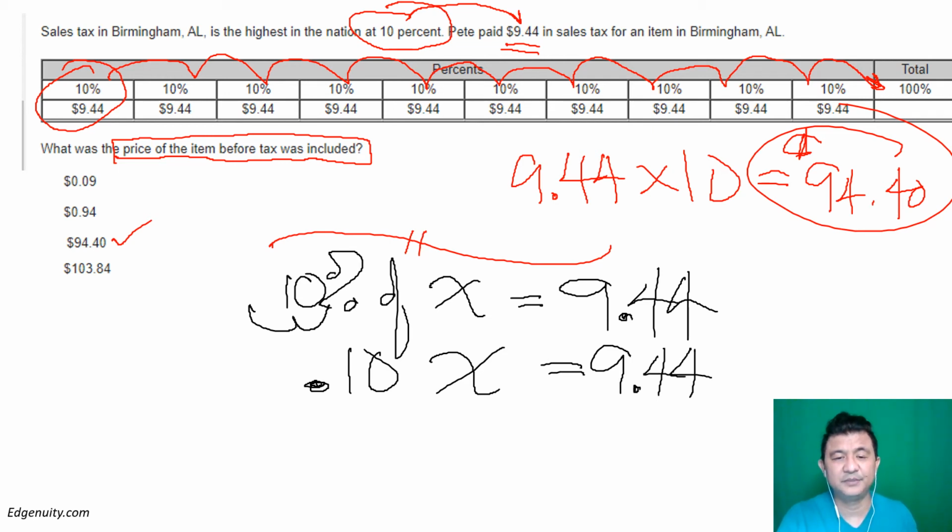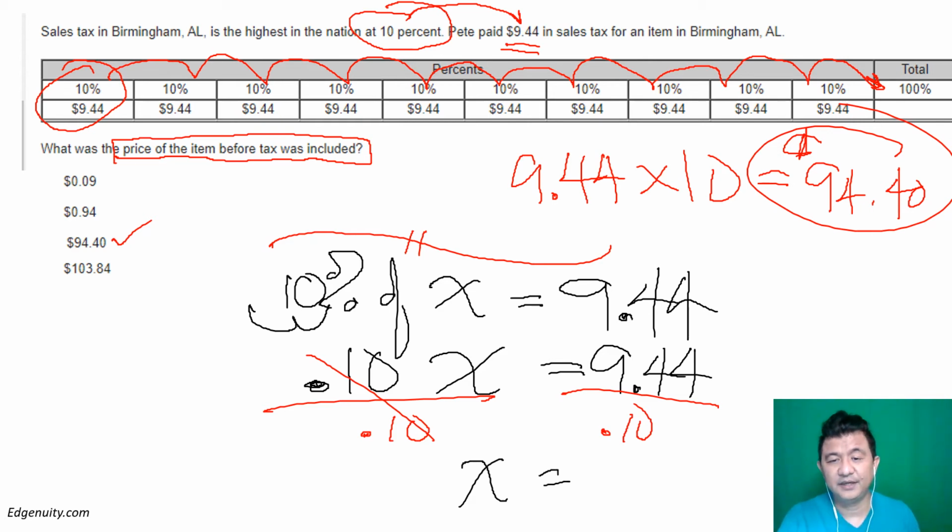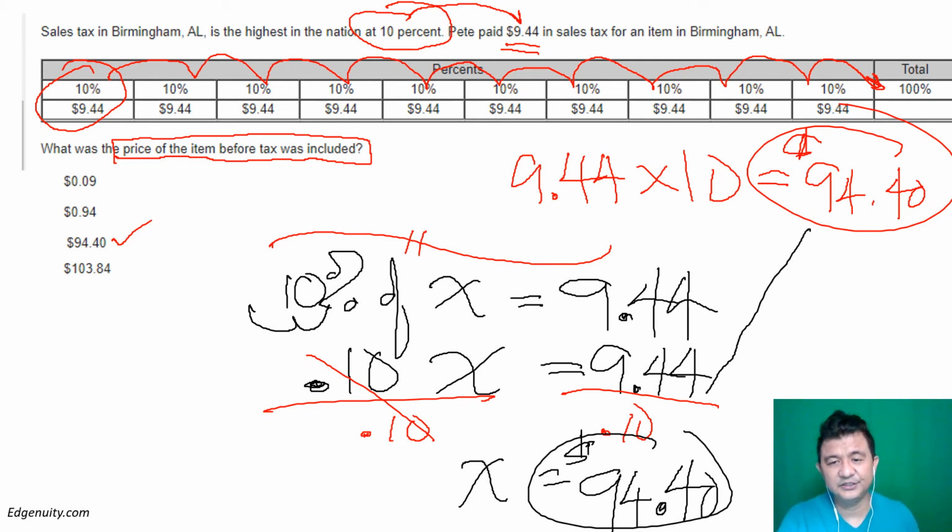Okay, how can x be alone? Divided by 0.10, divided by 0.10. That cancels out. X is equal to, if you divide 9.44 by 0.10, you will get an answer of 94.40. Again, if you check out the different strategies, your answer will be the same. Use whatever strategy is easy for you.